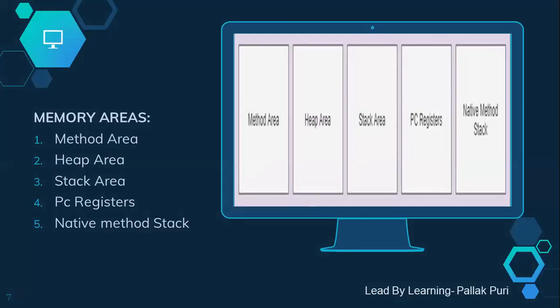Now, to load the classes, some memory is required, and while executing there is also a requirement of memory. For that we have various memory areas inside the JVM, a total of five: method area, heap area, stack area, program counter registers, and native method stack.